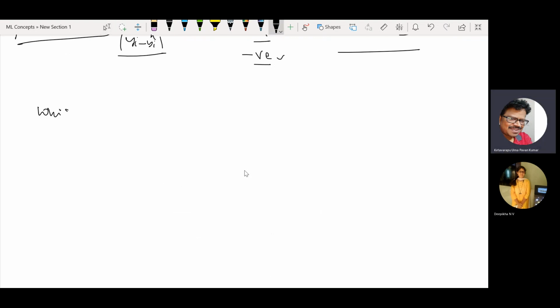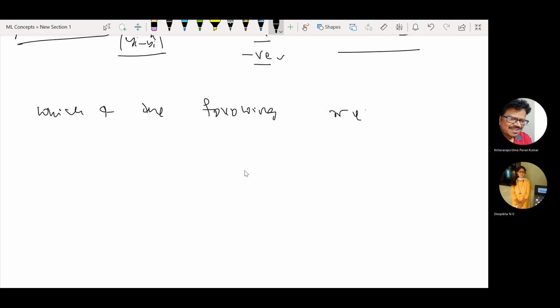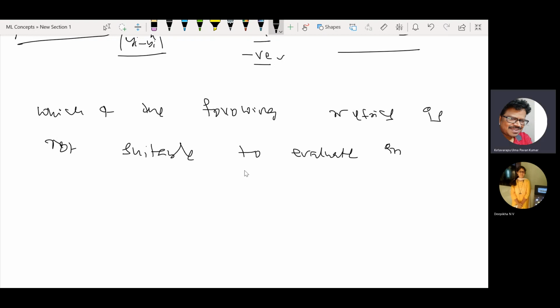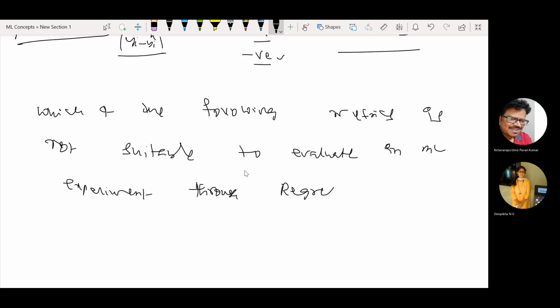The question is like this: which of the following metrics is not suitable to evaluate machine learning, AutoML or ML experiments through regression?